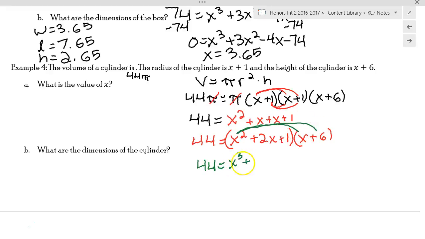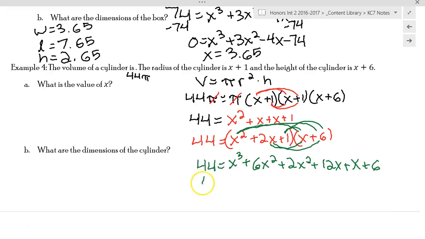Again, distributing, 44 equals x squared times x is x cubed. X squared times 6 is 6x squared. 2x times x is 2x squared. 2x times 6 is 12x. 1 times x is x. 1 times 6 is 6.